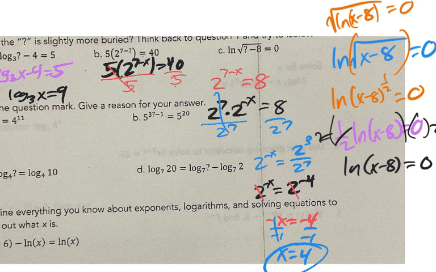E. So I could write this as e raised to the 0 equals x minus 8. What is e raised to the 0? Yeah. Anything to the 0 is 1. Well, almost anything to the 0 equals 1.